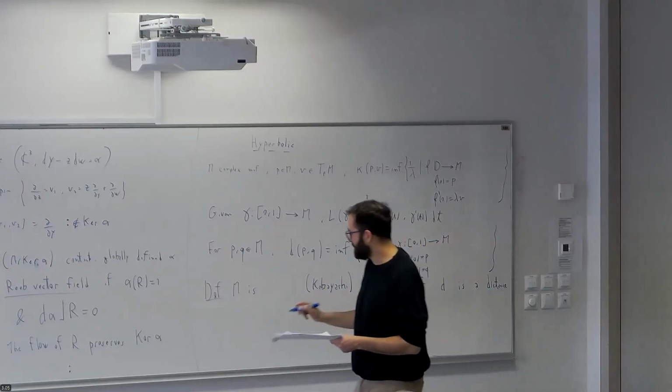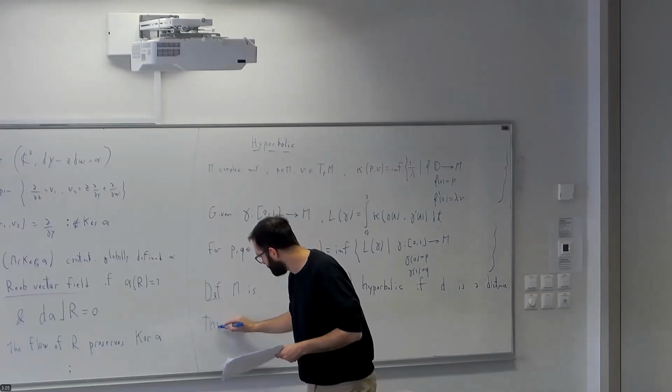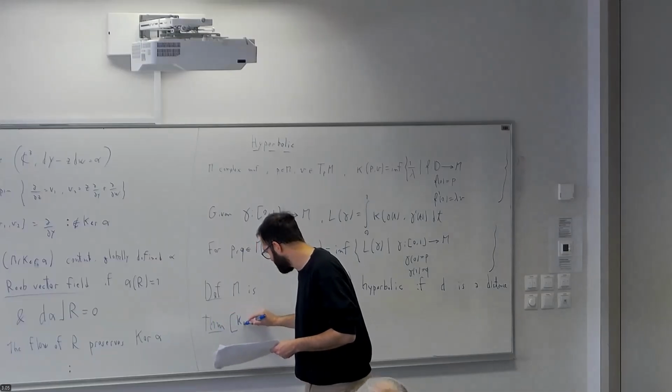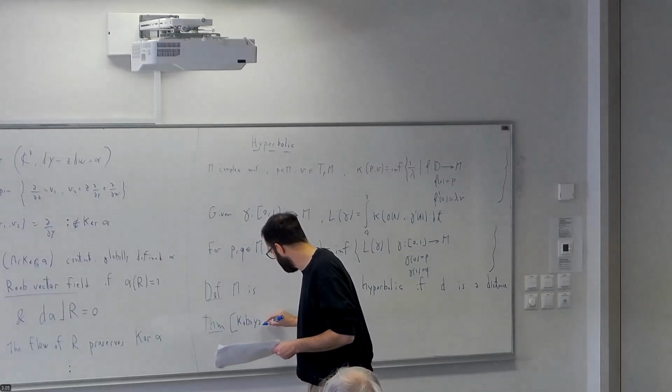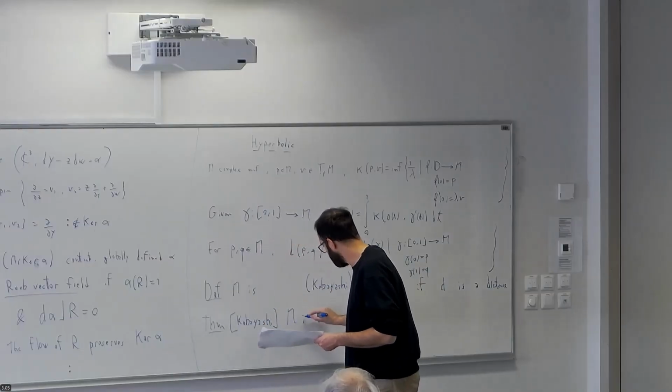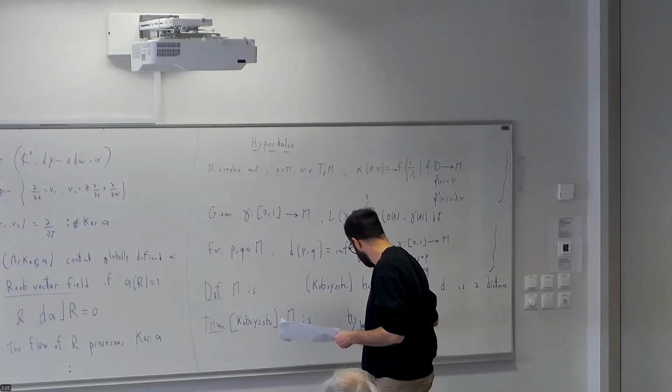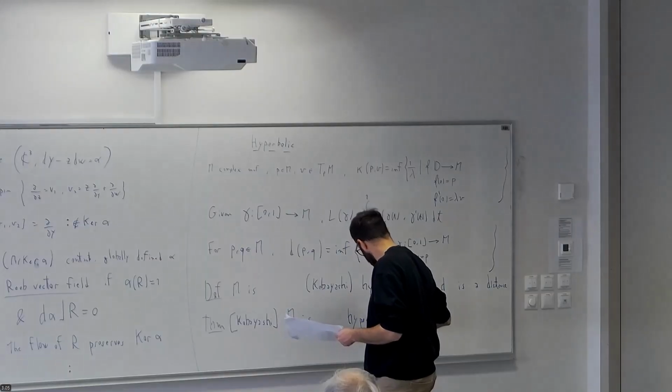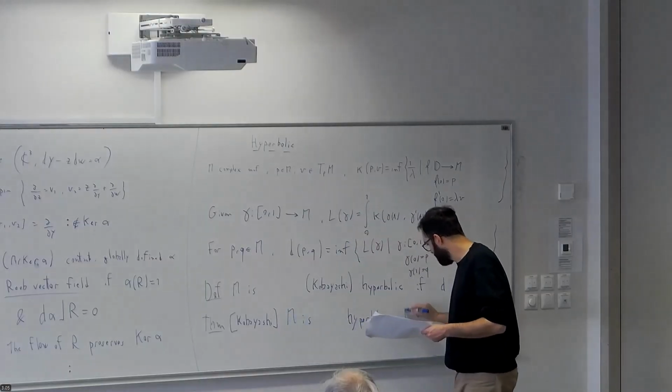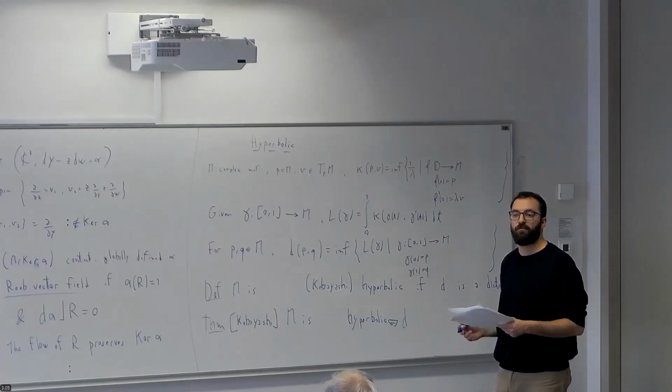And perhaps the interesting theorem here, I mean, there are many interesting theorems, as you all very well know, is that M is hyperbolic if and only if D induces the manifold topology.